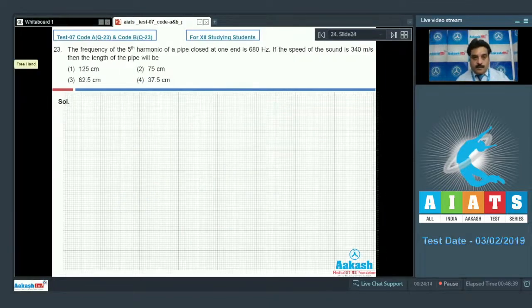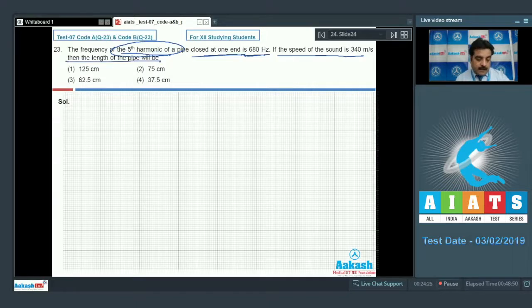In question number 23, the frequency of the fifth harmonic of a pipe closed at one end is 680. This is very important. If the speed of sound is 340 meter per second, then the length of the pipe will be. So you know the fifth harmonic in the closed pipe is 5 times V upon 4L. As I said earlier, in this type of question you need the formula. So frequency is equal to 5 times speed over 4L.